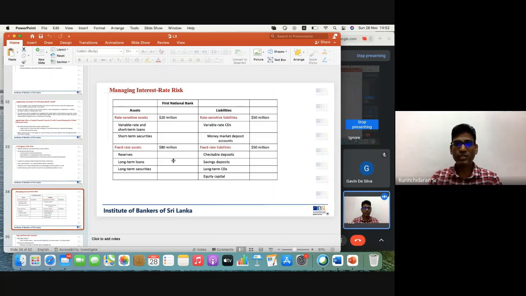So when the interest rate changes, it's not going to affect these. But rate sensitive assets, when the market interest rate changes, definitely it's going to affect that.